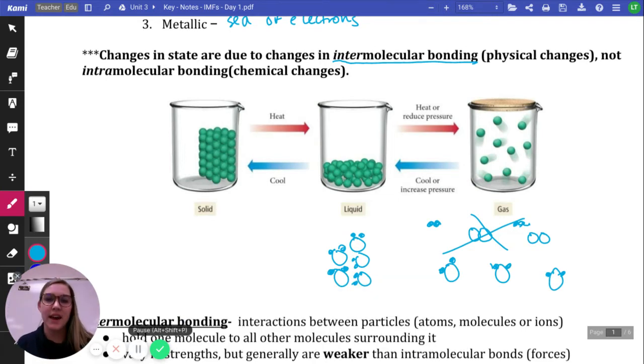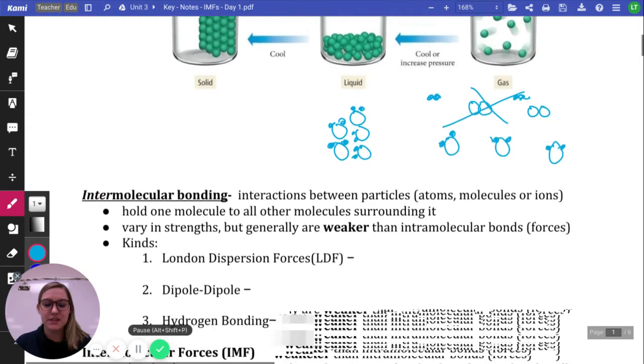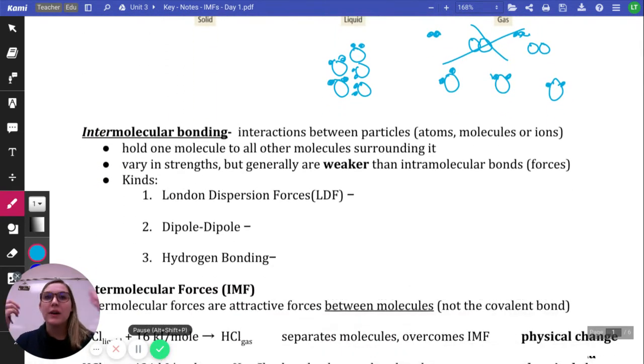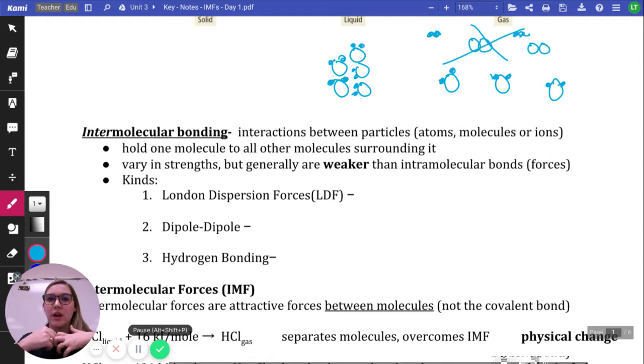Okay, so now let's jump into those different types of intermolecular forces. Intermolecular forces are those attractions between particles, and it's different things: atoms, molecules, or ions, because if it's an atom, it's like an element, a molecule is a covalent compound, and then ions are ionic compounds.